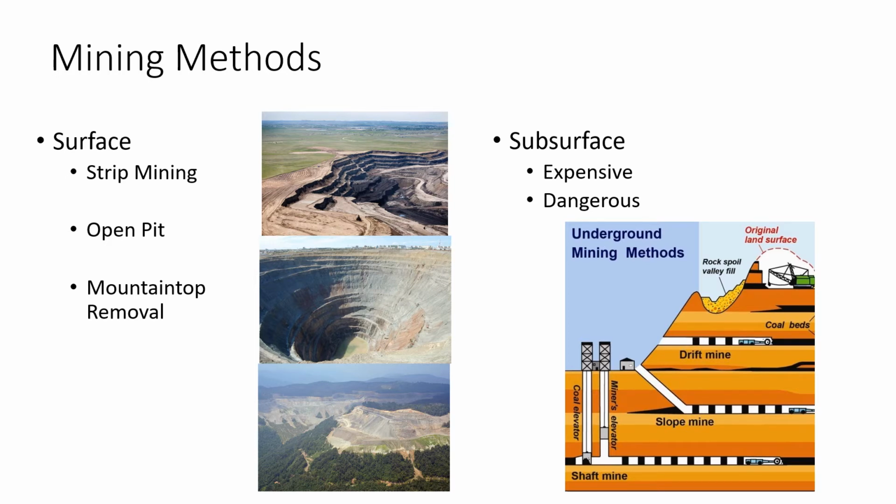And subsurface, you're actually going underground, and this is pretty dangerous for people, very expensive, because not only are you drilling down into the earth and making things stable, you're also paying for externalities like health of your workers and insurance and stuff like that. Of course you are worried about that with other things, but because the subsurface is so much more dangerous, those are obviously more expensive. And so when you hear about coal miners trapped in the mine, this is it, the subsurface mine.